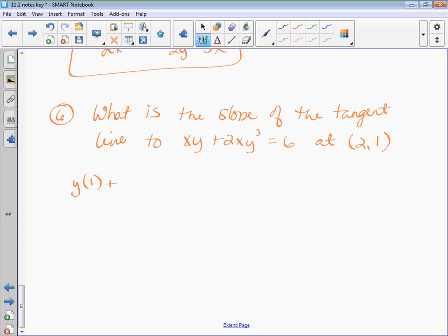But then when I do x times the derivative of that, there's going to be a d by dx.